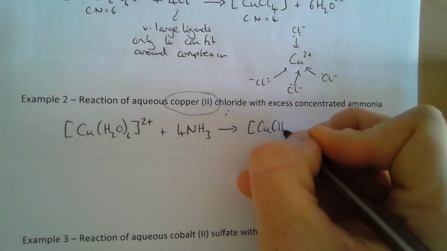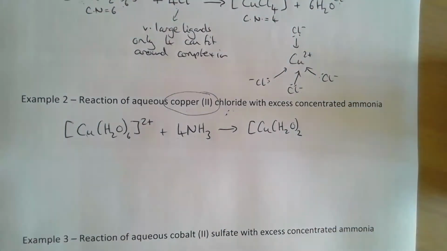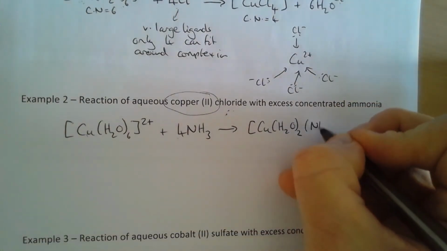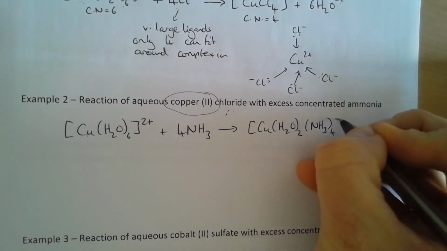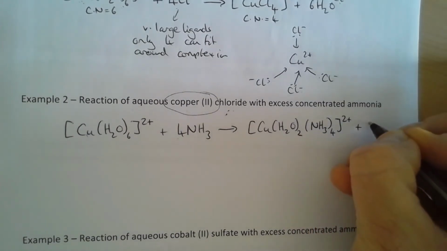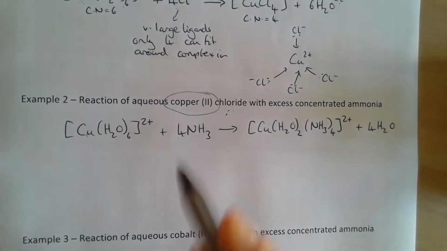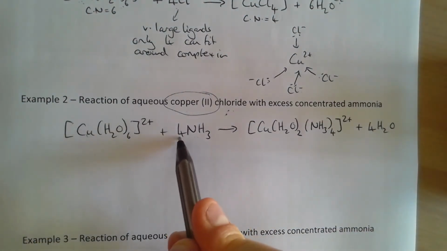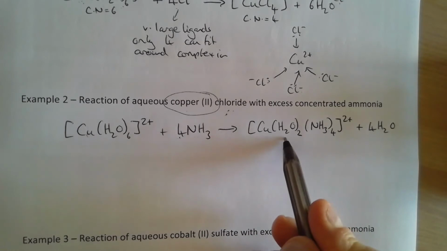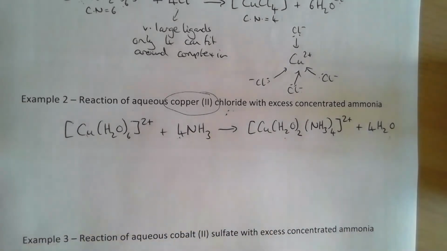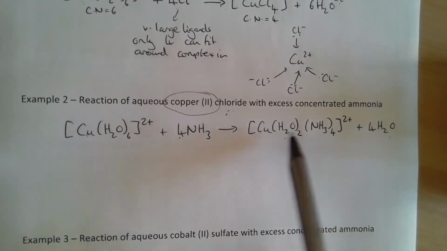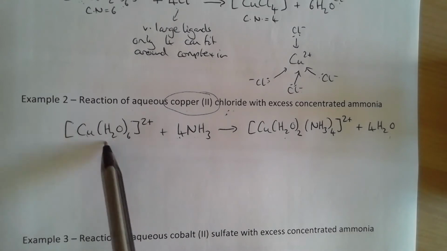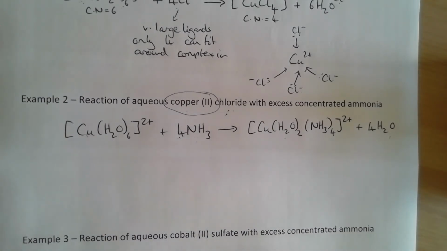So what happens here is we still have 2 water ligands, but we have 4 ammonia ligands, and we displace or kick out 4 waters. How do I know that? I've reacted it with 4 ammonias. I've still got 2 waters in the complex, therefore I've got to get rid of 4 waters. So this is just something we have to know. It's unusual because most of these reactions with ammonia are in fact complete, and you'll see on the next one, but this is just an exception.